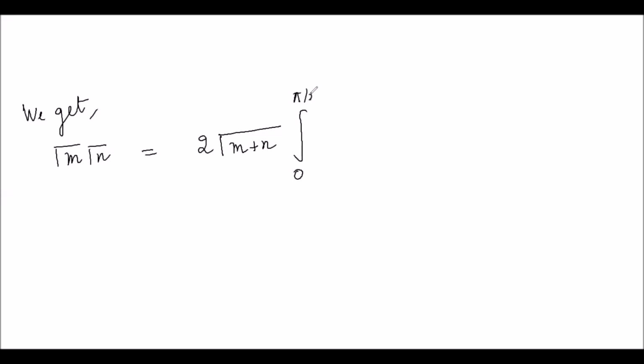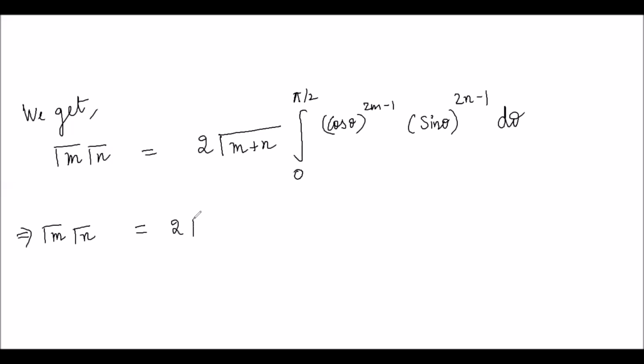Limits are from 0 to pi by 2. And the integrand is cos theta raised to 2m minus 1, sin theta raised to 2n minus 1 d theta. Let us solve this integral which is present on the right hand side. This will imply gamma of m, gamma of n, 2 gamma of m plus n.